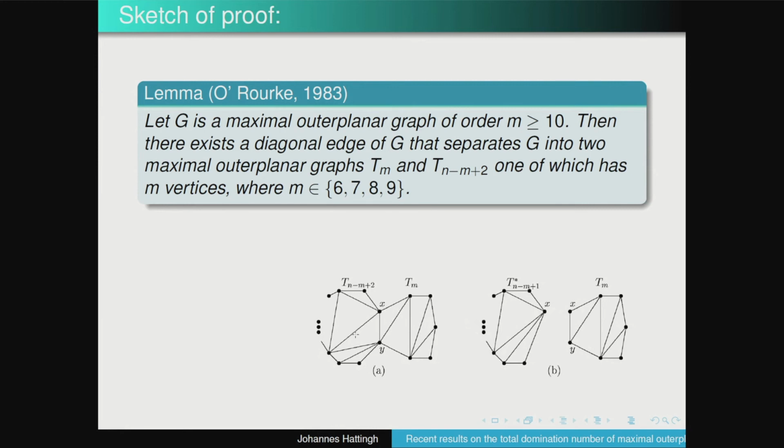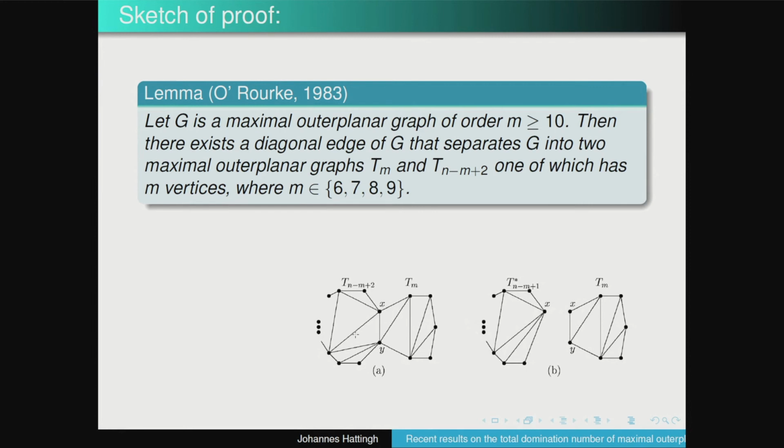Now, you start and assume you have a maximal outerplanar graph, at least 10 vertices, and you break it up in this way, and then depending on the smaller piece, you're going to have 4 cases, either 6, 7, 8, or 9.